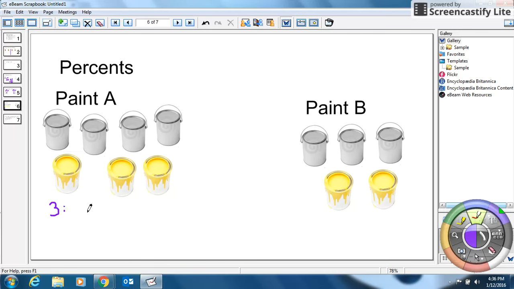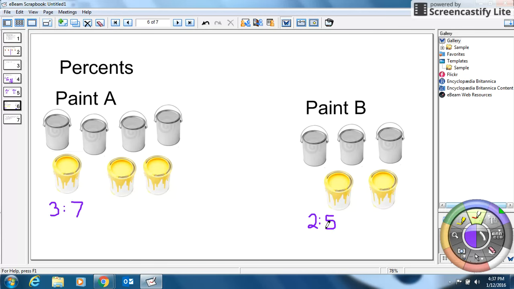Now, how many cans of paint in the whole group? 1, 2, 3, 4, 5, 6, 7. So our ratio here is 3 to 7. Over here, our ratio for paint B will be 2 cans of yellow to 1, 2, 3, 4, 5 total cans of paint.